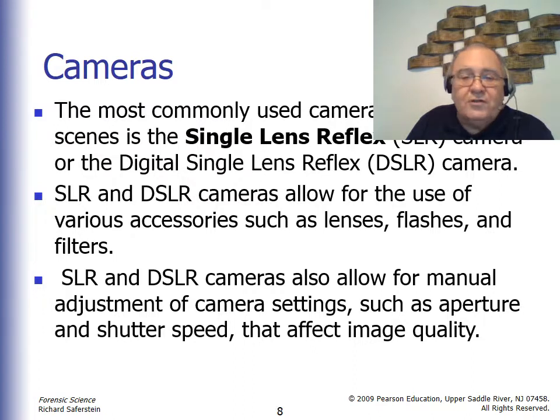You can change lenses on them. You have flash attachments. You have filters, and there's everything from neutral density filters to protective filters to filters that cause the scene to be darker to cut out some harsh sunlight, and there's even infrared filters, and that'll all be discussed later on in the photographic course.